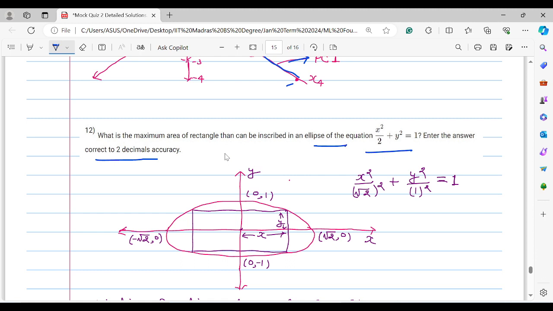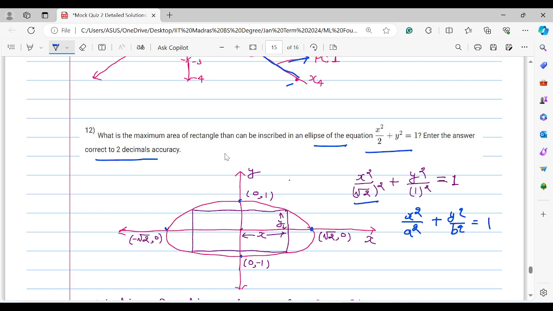So I have drawn the ellipse, and this ellipse equation can be written as x square upon root 2 square plus y square upon 1 square is equal to 1, because we know that the equation of an ellipse is x square upon a square plus y square upon b square is equal to 1, where these points are (a, 0), (minus a, 0), (0, b) and (0, minus b). I have simply written those corresponding coordinates.